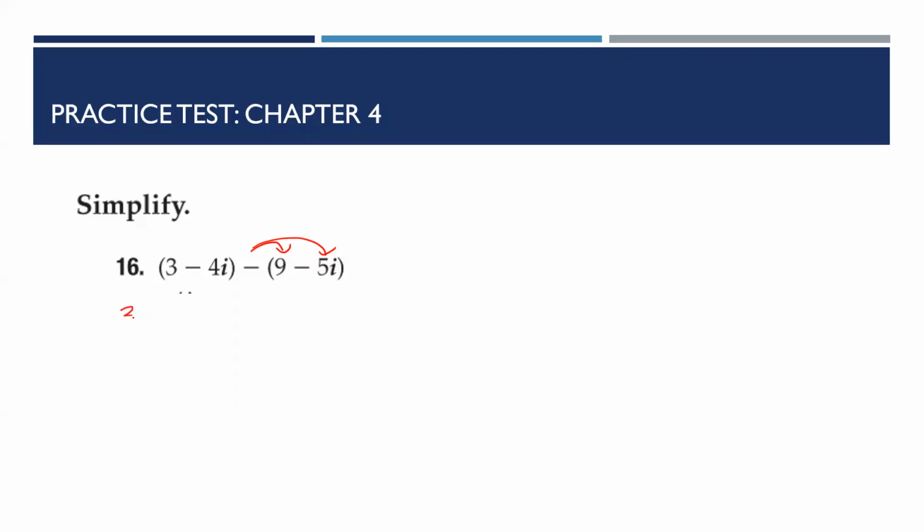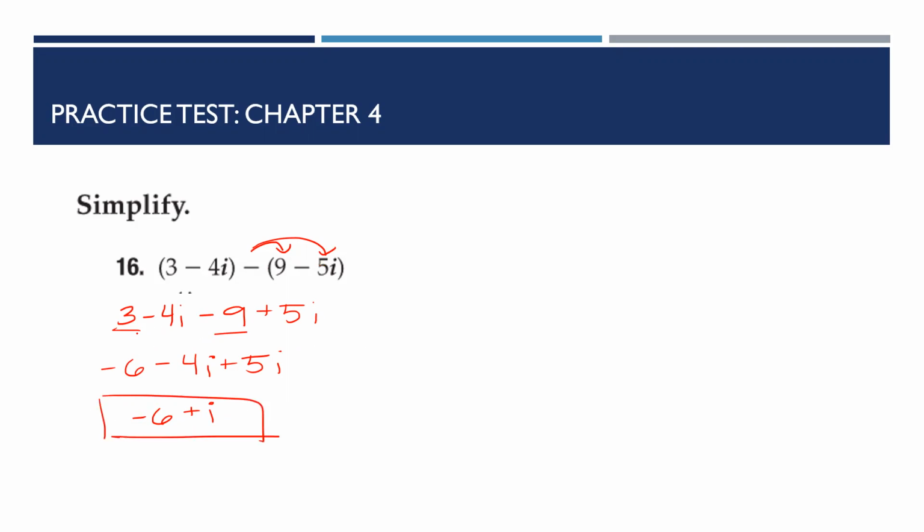So this would end up being 3 minus 4i minus 9, and negative times negative is positive 5i. And then you just combine your like terms. So 3 minus 9, that's negative 6. And we still have the minus 4i plus 5i. So that ends up being negative 6 plus i. Okay? And that's as far as you can simplify.